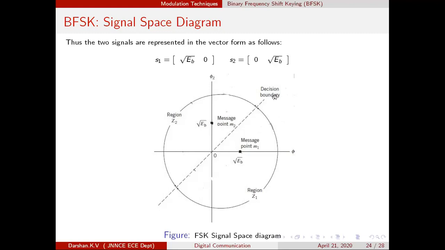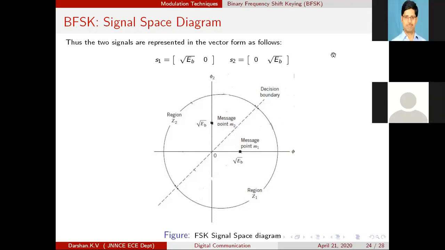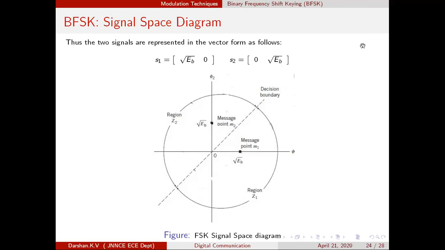In this particular case, the decision boundary has been shown like this. One region is on one side of the decision boundary and the other region is on the other side of the decision boundary. So if the received signal falls in this particular region Z1, then what will the receiver tell?